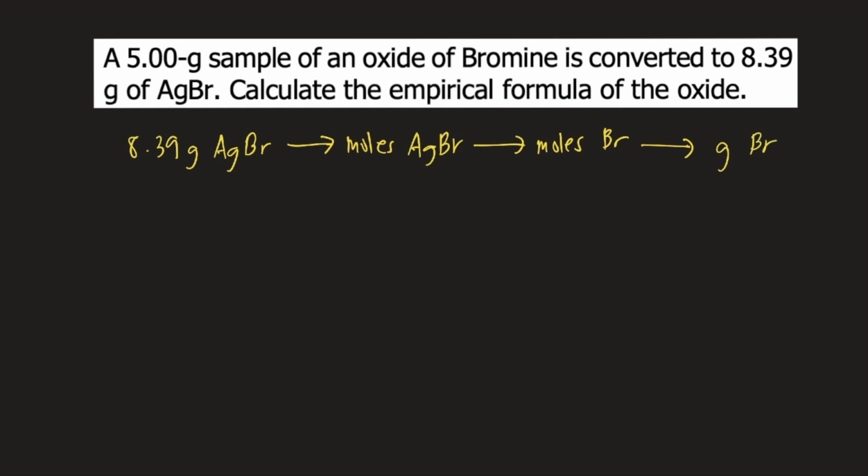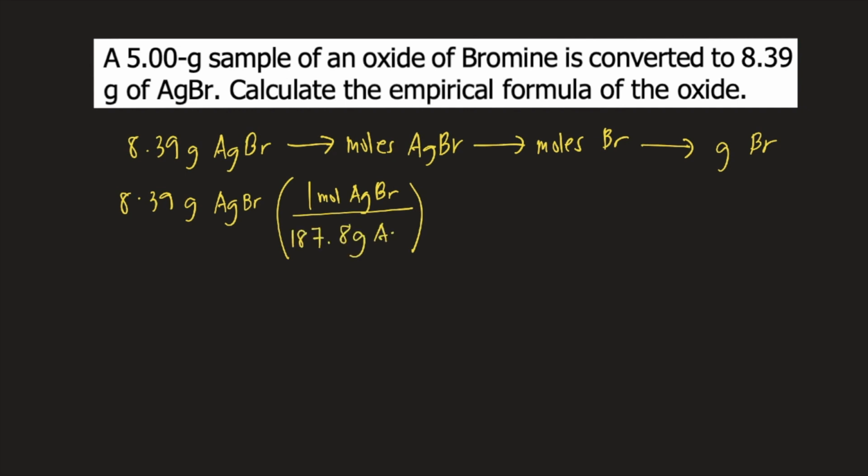So we start with 8.39 grams of AgBr. To convert this to moles, we need the molar mass of AgBr. So 1 mole of AgBr weighs 187.8 grams of AgBr. So the grams of AgBr will cancel. We are left with moles of AgBr.